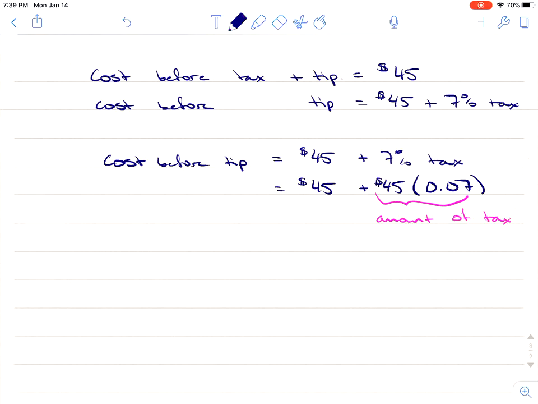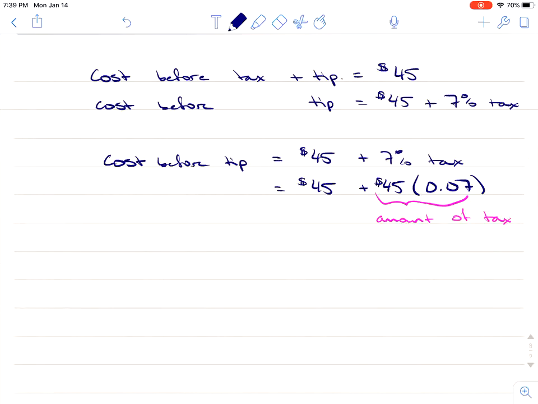We could figure out what 45 times 0.07 is and then add that up with the $45, and that's going to be the cost after tax, right? And that's what we're going to tip on.